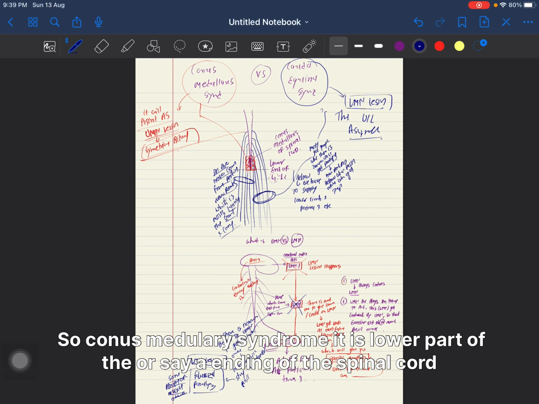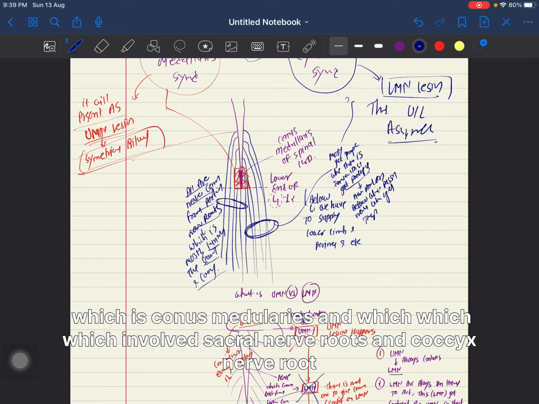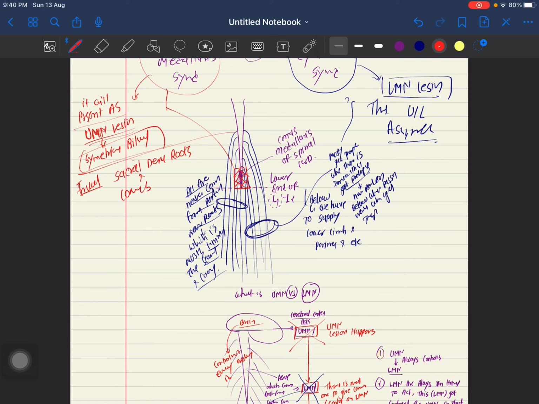So Conus Medullaris syndrome involves the lower part, or the ending, of the spinal cord, which is the Conus Medullaris, and it involves the sacral nerve roots and coccyx nerve roots.